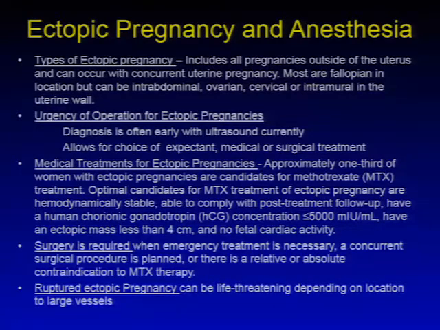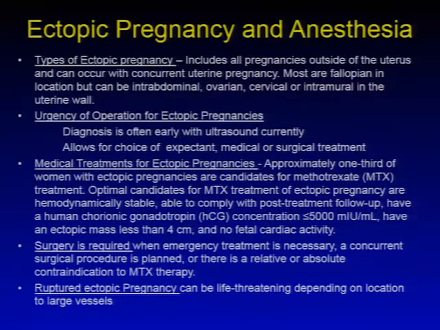Approximately 1/3 of women with ectopic pregnancies are candidates for methotrexate treatments. And optimal candidates for methotrexate include women who are hemodynamically stable, able to comply with post-treatment follow-up, and have an HCG that is less than 5,000 milliunits per ml, and have a smaller ectopic mass.